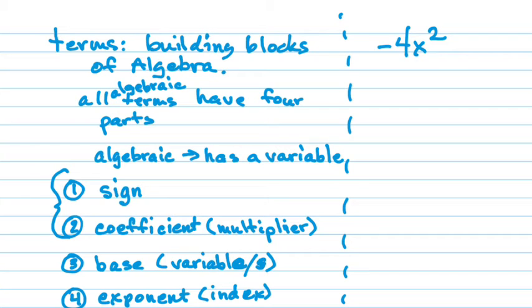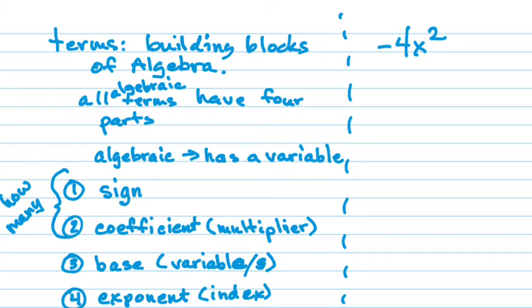So these two pieces go together, and they literally tell you how many of something that you have. Now you do this all the time. If there were 5 cars in the parking lot, 5 is the how many, right? So that's the coefficient. Okay? All right, so equate it to things you already know.